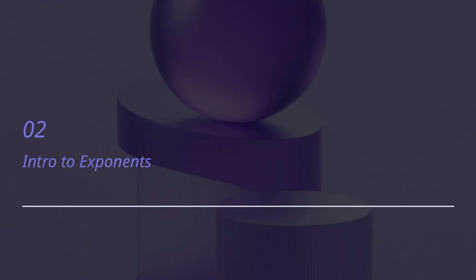Understanding exponents is crucial because they help us work with very large or very small numbers efficiently. As we move through this presentation, you'll see how mastering exponents connects to many real-world applications, from science to finance. So, keep these core ideas in mind: the base, the exponent, and their relationship through repeated multiplication.